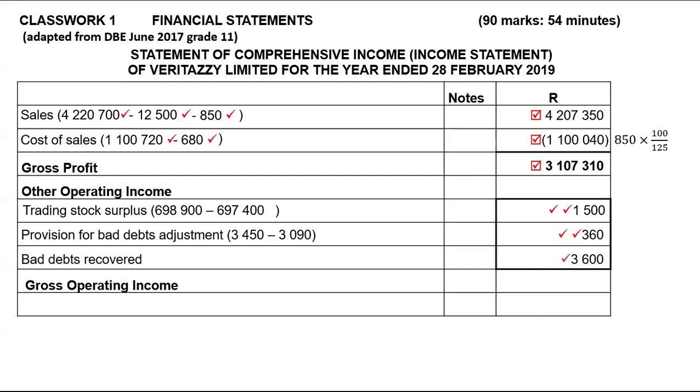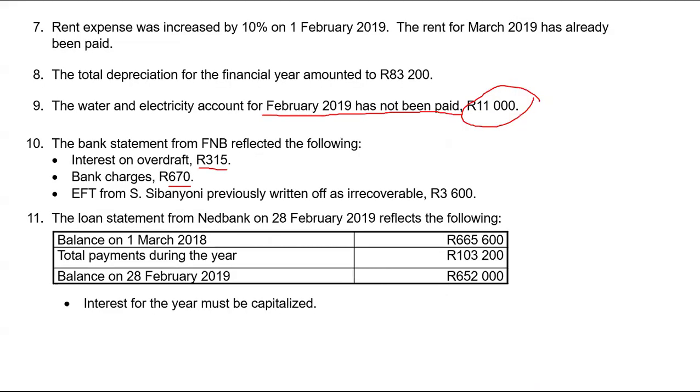That's it. It doesn't affect any debtors control. But since we're done with operating income, we might as well add them up. In total, they will give us 5,600 and 416.